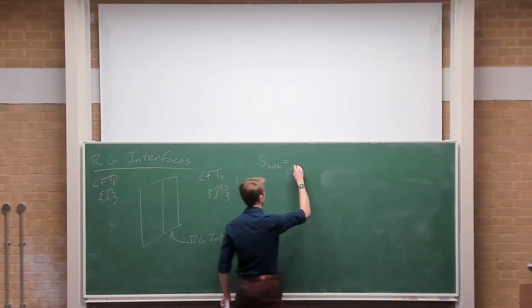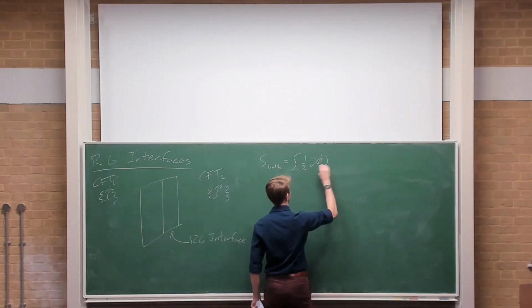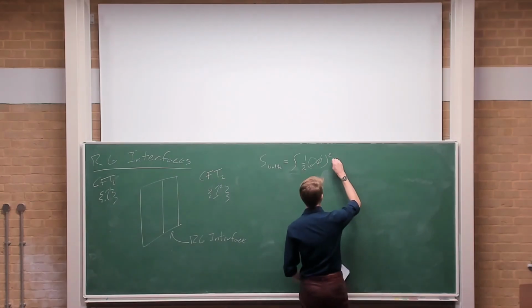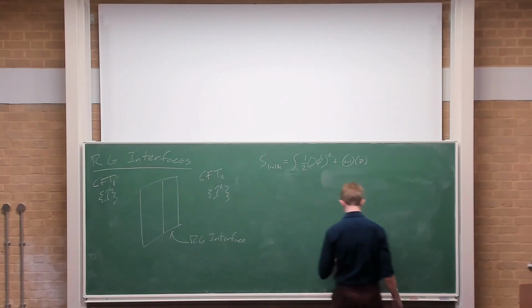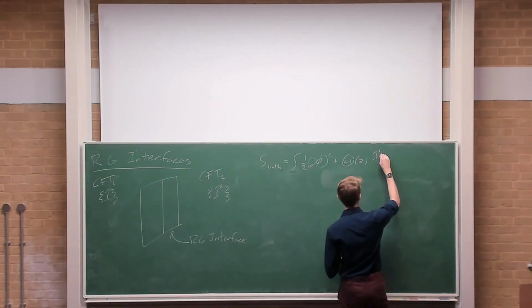want to start with a bulk action of n scalar fields. And now we have 2 terms in the interaction, one for positive z, one for negative z, maybe some lambda 1.